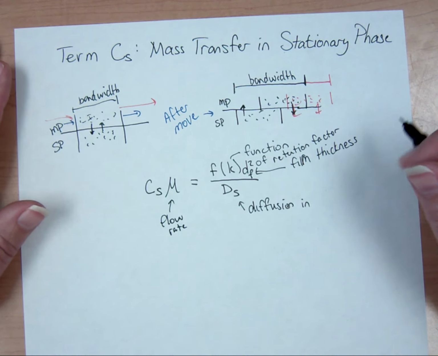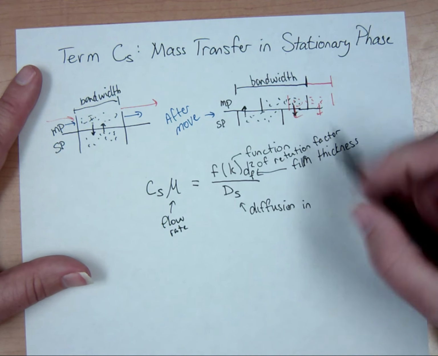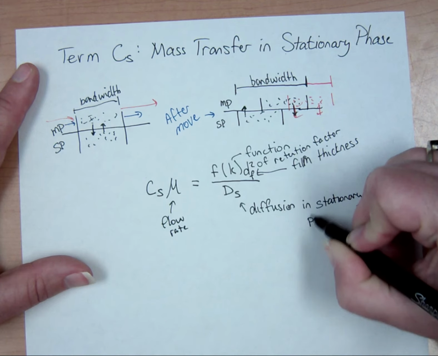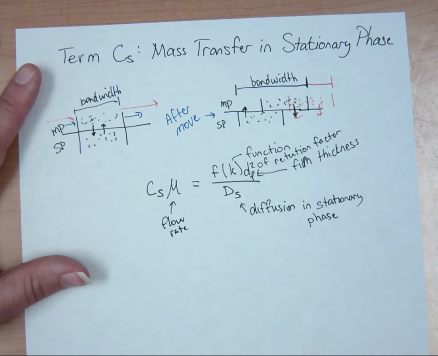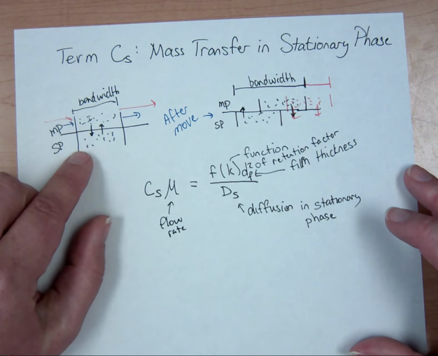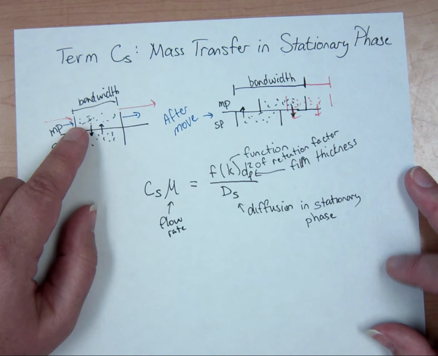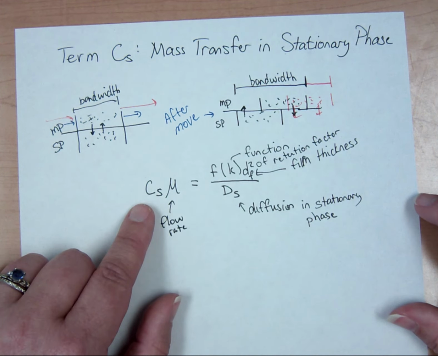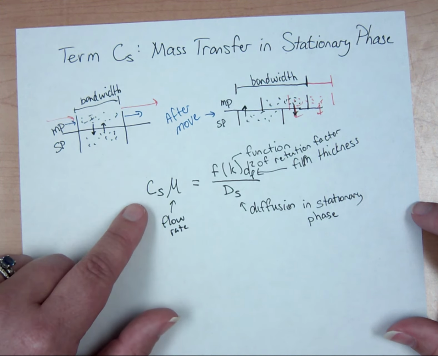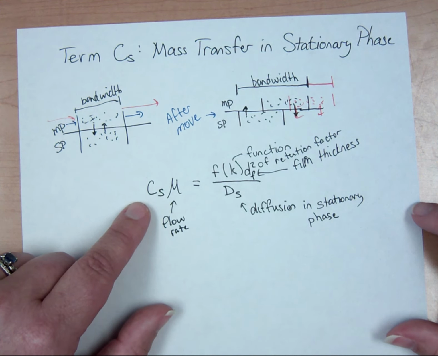And so in this case, it will make the bandwidth much wider because most of your analytes have already moved. Conversely, if this diffusion rate is very fast, it gets in and out of the stationary phase really quick before the rest of the group has moved on, and it's going to keep the C_S term very low. So it's an inverse relationship between diffusion in the stationary phase and the overall effect that your C_S term has on band broadening.